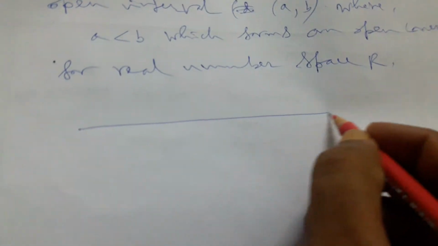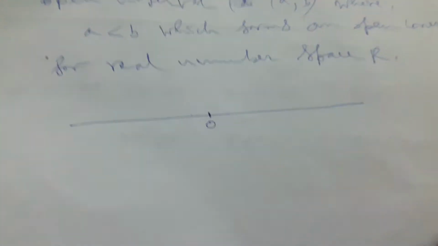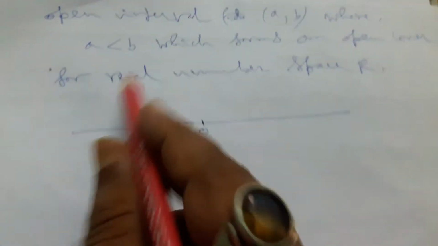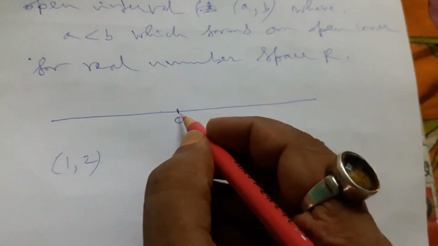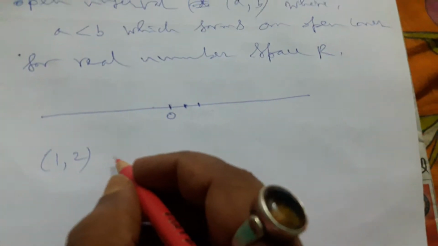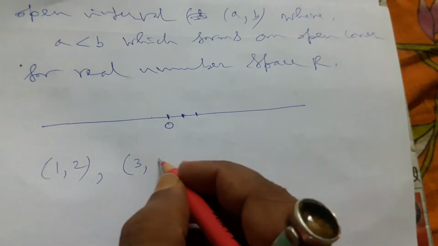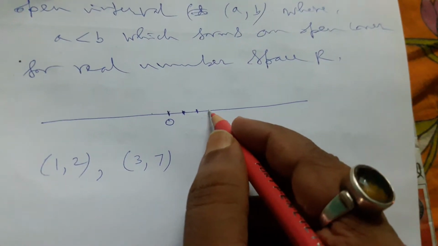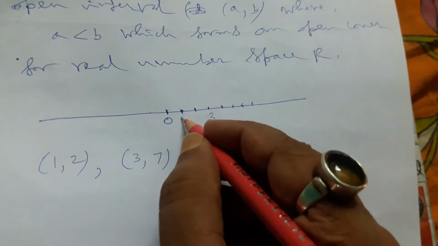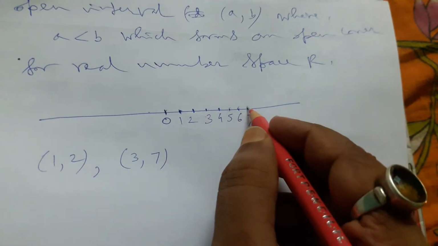(a, b) is arbitrarily defined, whatever the number may be, I already discussed. If we say the interval (1, 2), where it is 1 and it is 2, and suppose we say another example, (3, 7), this is 3 and this is 7.